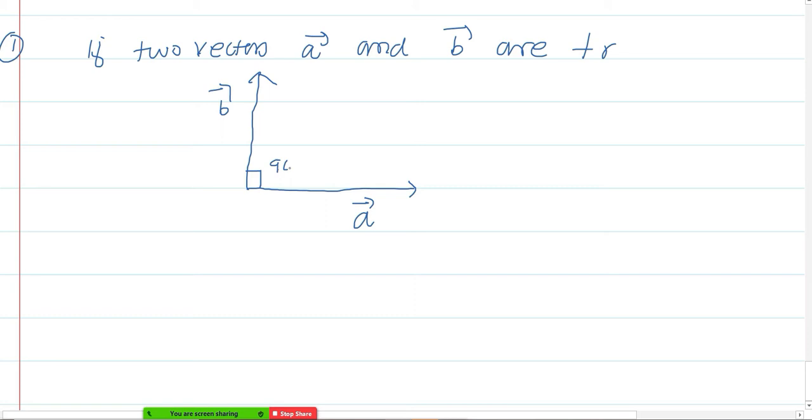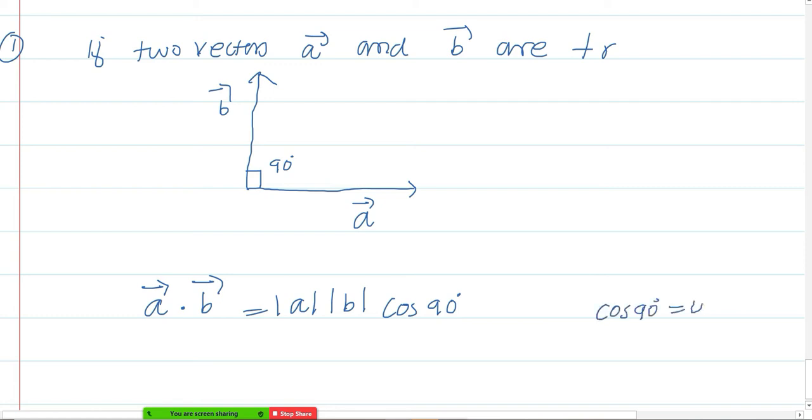So what will happen if two vectors are perpendicular? A vector dot B vector is, according to the formula, magnitude of A, magnitude of B vector into cos of angle between two vectors. Here angle between two vectors is 90 degrees. You know very well cos of 90 degrees is 0, right? So A vector dot B vector will be 0 if two vectors are perpendicular.